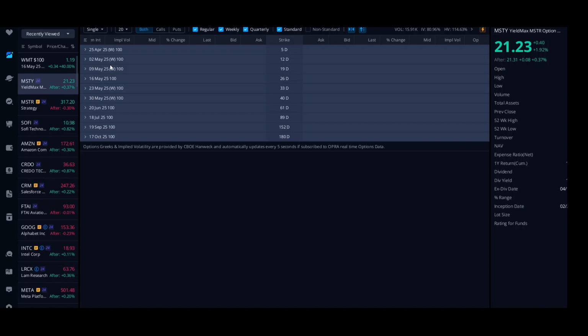Now, you could space these out if you wanted to have 4 puts going at a time. If that's something you wanted to do, you could space it out to where your first one would be May 16th, and then next week you would sell another put and make it for May 23rd. And then the following week, you would sell another put and make it for May the 30th and on, right?